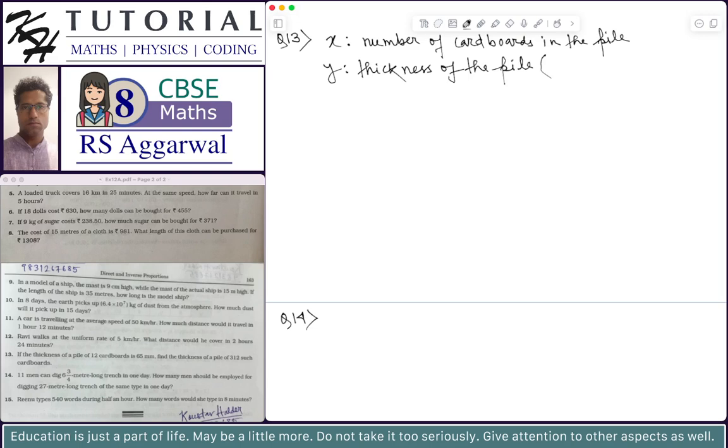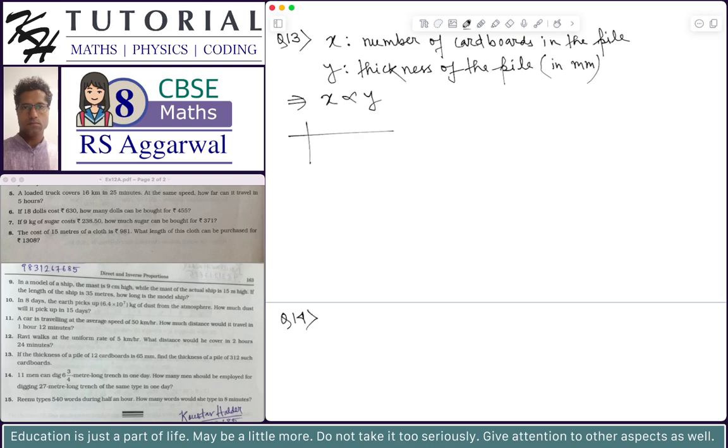This should be in millimeter. So definitely we can say, keeping in mind that the thickness of each cardboard is the same, so the thickness of all the cardboards is the same, we can say that X varies directly with Y. That is, the more the number of cardboards, definitely the thickness of the pile will be more.